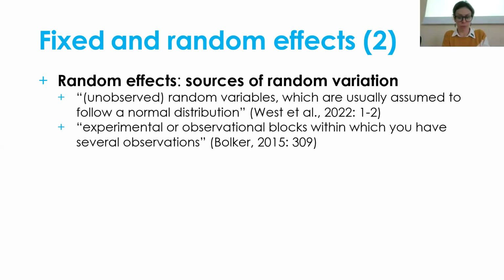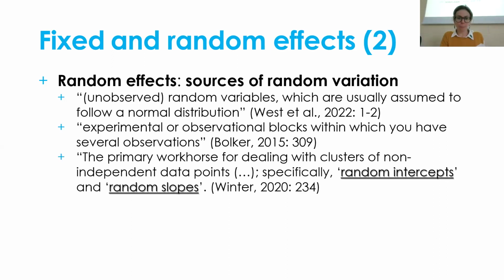So you want to account for that, right? I like Winter's definition. Here, a random effect is the primary workhorse for dealing with clusters or non-independent data points, right? And these random effects can be divided into random intercepts and random slopes. More about that in a second. Now, the important bit here is clusters or non-independent data points.